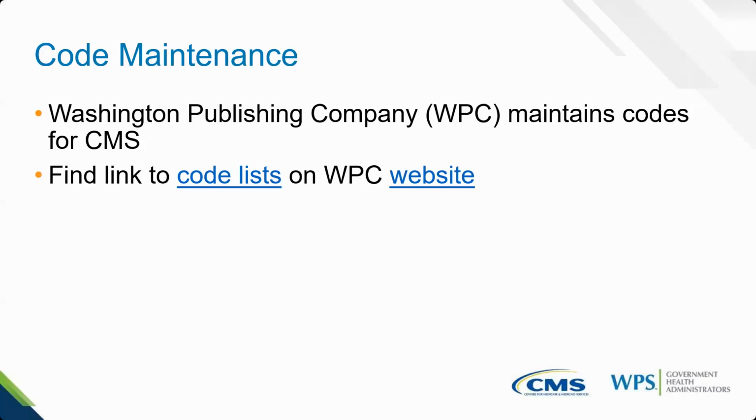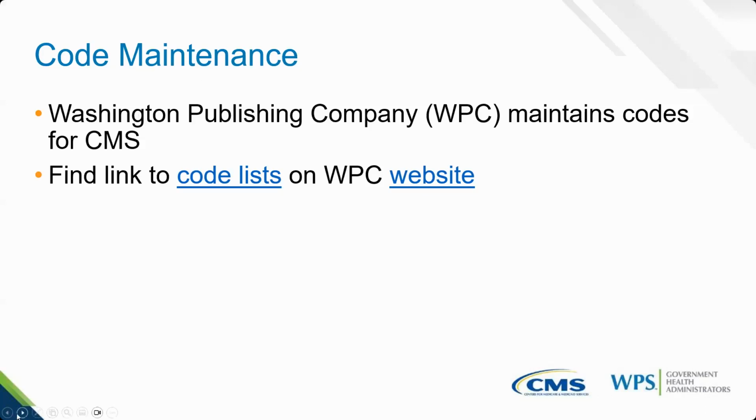I want you to be able to connect those exact messages on the remit notice with what I'm talking about today. We can't change any of those codes at WPS GHA. However, if you go out to the Washington Publishing Company's website, there is an address to which you can send suggestions or comments. So if you'd like to do that, feel free to do so.